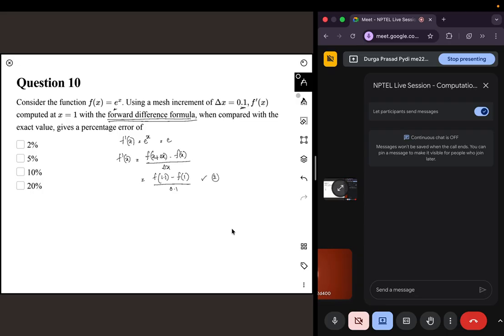Let's say this is 2, this is 1. This gives you the percentage. You can also try it out: instead of delta x equal to 0.1, if you use 0.001 or something, you can plot it for different delta x values.